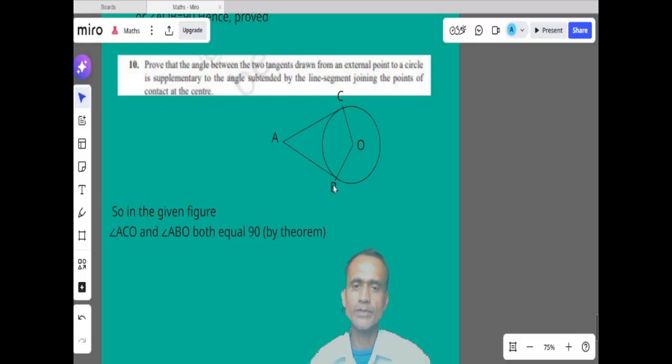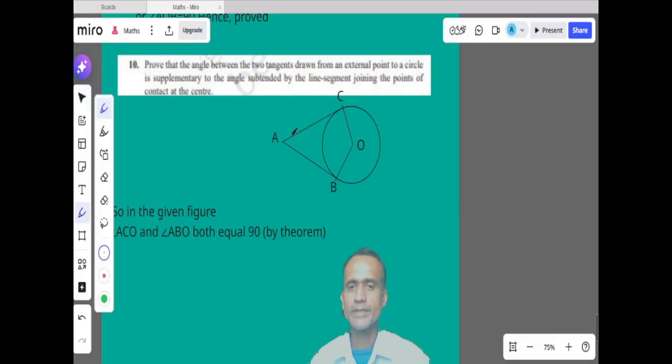So here it is angle COB. We need to prove that this angle, which is outside the circle, subtended by the two tangents, and this angle, the sum of these angles is supplementary. That means this angle plus this angle is equal to 180 degrees.